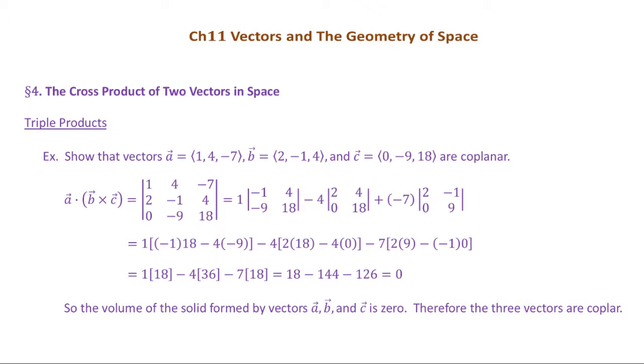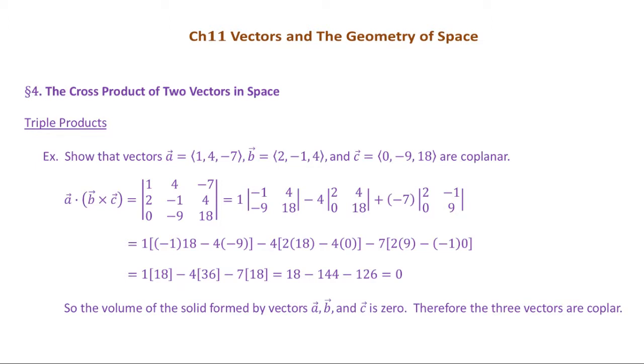Negative 4 times negative 9 is 36. In the second term, 2 times 18 is 36, minus 4 times 0, which is 0, so we get 4 times 36. And in the third term, we get 2 times negative 9, which is negative 18, and then minus 0, since negative 1 times 0 is 0.